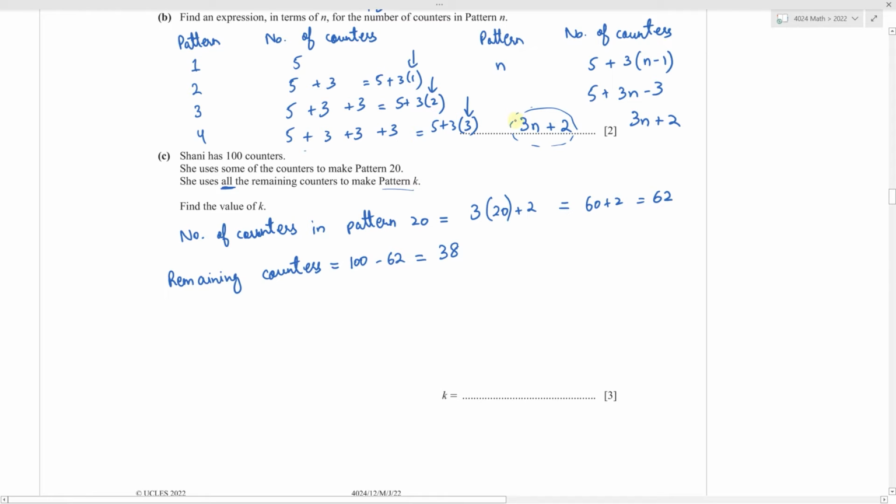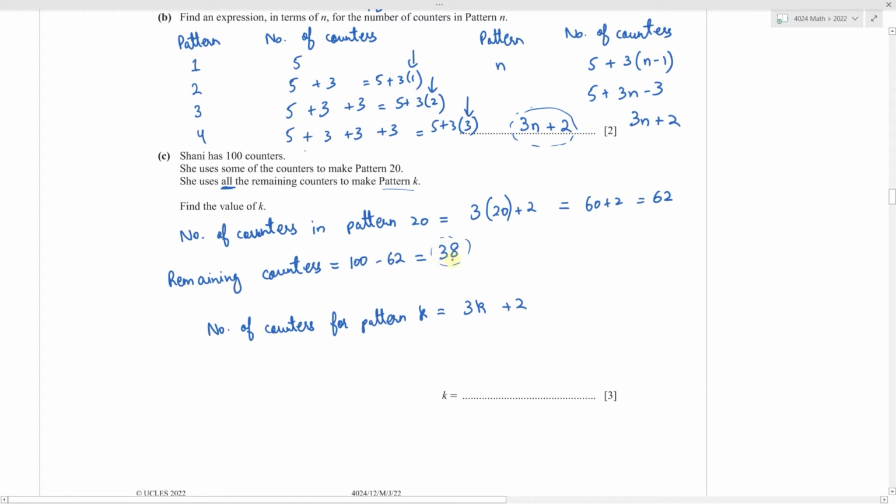So we know already the formula. The number of counters for pattern K will be, in place of n, I'll simply write K. For pattern K, I have 3K plus 2. And how many counters were used? 38, because we are told she used all the remaining.